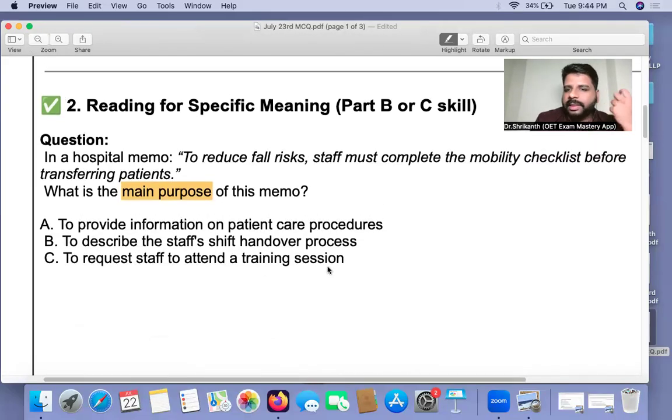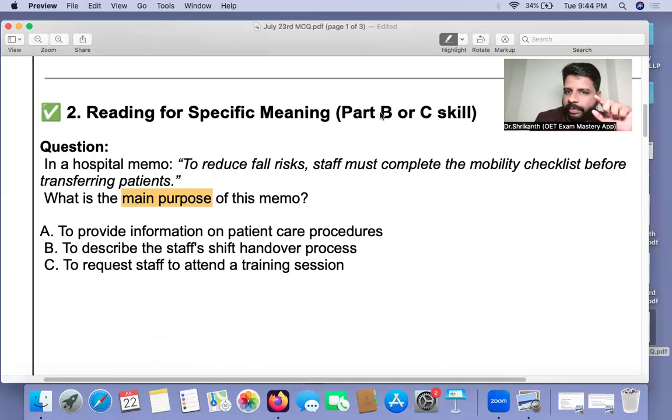So see, what is the statement telling over here? Okay, so we'll be discussing reading part B today. So this skill is going to be very important. So here the hospital document is telling to reduce fall risks. That means what? Patients are at risk of falling down. Patients when walking, they are at risk of falling down. So we want to reduce falling risks. To reduce that, what must the staff do?